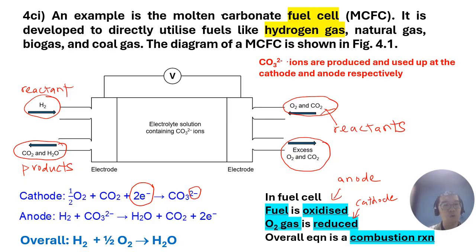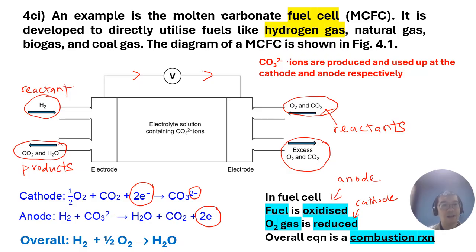If you put the CO3 2- on the left hand side, everything balances out nicely. To balance the charge, I must put 2e- on the right hand side. So the anode is where oxidation occurs, and therefore the electron flow is what I have shown, moving from the anode into the cathode.